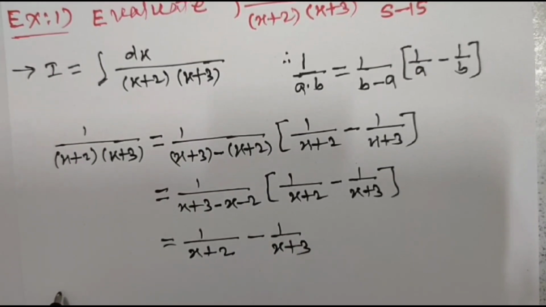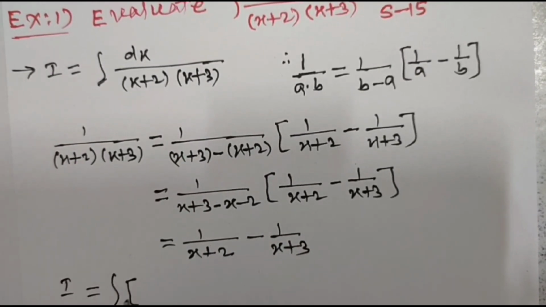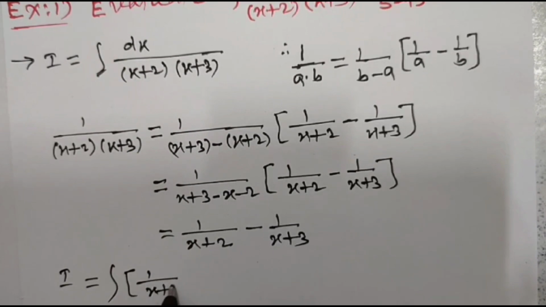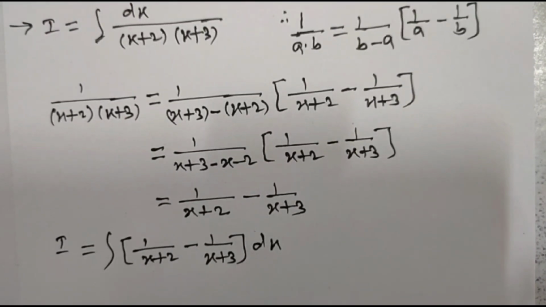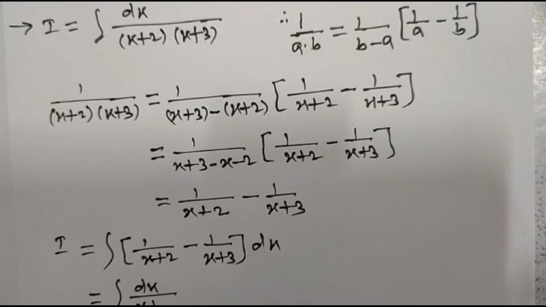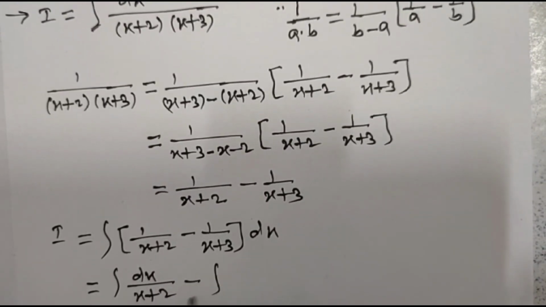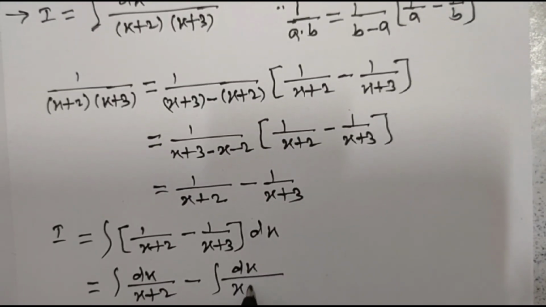Hence we can write I is equal to integral of 1 upon x plus 2 minus 1 upon x plus 3, integral with respect to x. Separate the integrals: integral of dx divided by x plus 2 minus integral of dx divided by x plus 3.